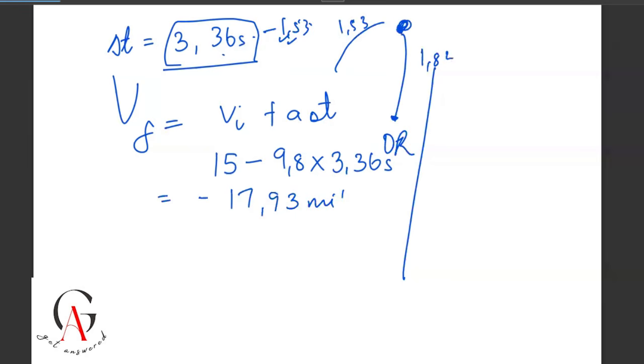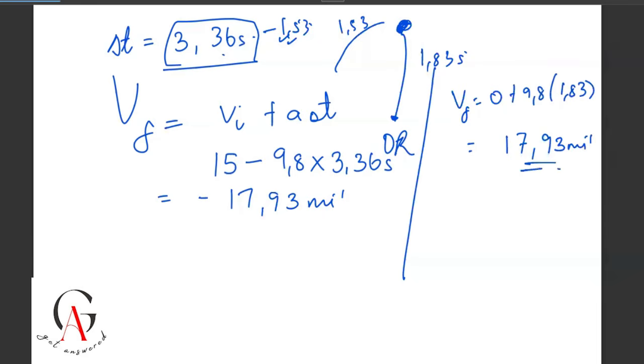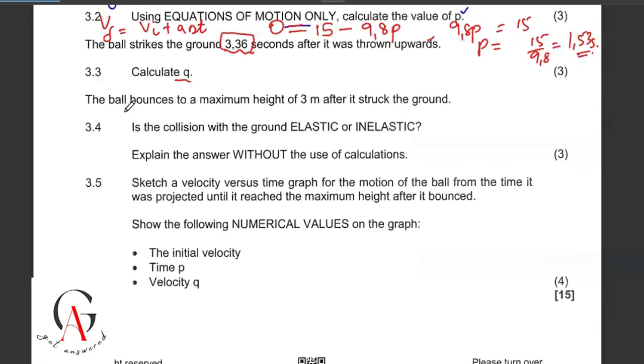So 1.83 seconds, and then I use the same formula, so my initial from the maximum height is going to be 0. So V final is going to be 0, downwards positive, plus 9.8 multiplied by 1.83. So 9.8 multiplied by 1.83 still gives us 17.93 meters per second. Okay, so that is how we would have calculated Q.